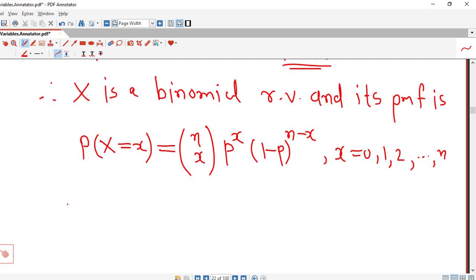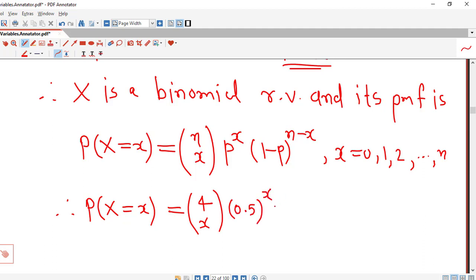So if we put the values of p and n, n is 4, so 4Cx, p is 1/2, that is 0.5, and 1 minus p, that is 1 minus 0.5, is also 0.5, and here we write 4 minus x. X is from 0, 1, 2, 3 and 4.